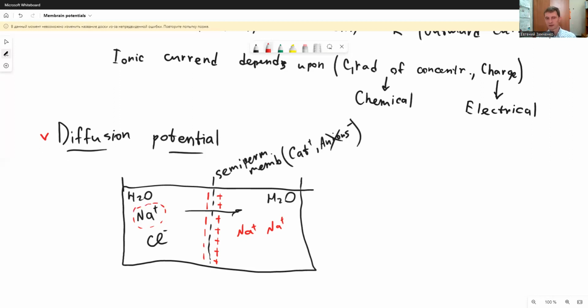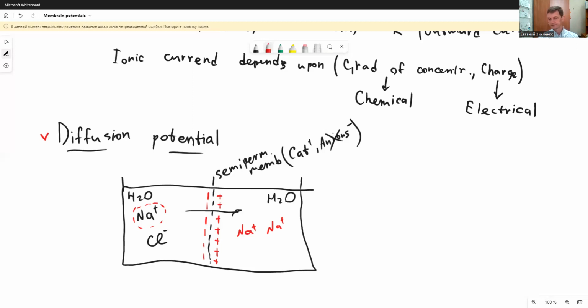It means the electrical field of the membrane will disturb the movement of the sodium to the right part of the solution. Okay, on the one hand, the chemical driving force tries to move sodium to the right side. On the other hand, sodium movement will be disturbed by the electrical field created by this movement.